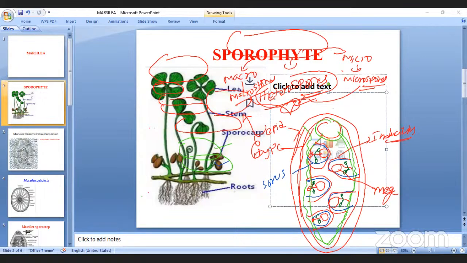Already you know what happened inside the megasporangium and microsporangium. Can anyone tell? Megasporangium, what happens further? In the megasporangium as well as the microsporangium, meiosis division takes place. Due to meiosis, the megasporangium produces megaspores and the microsporangium produces microspores.